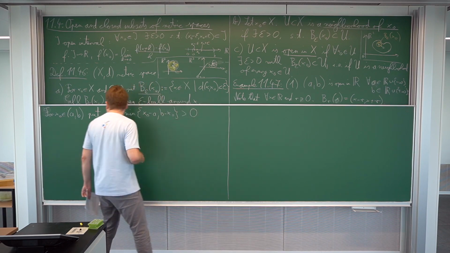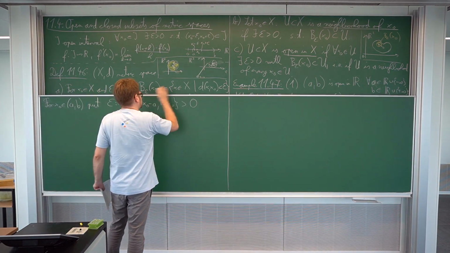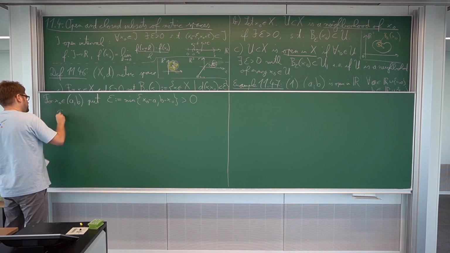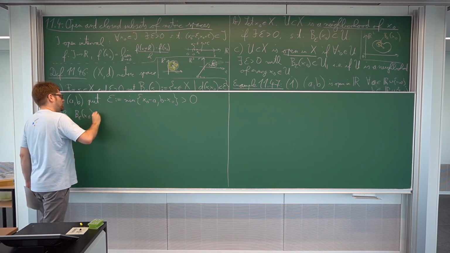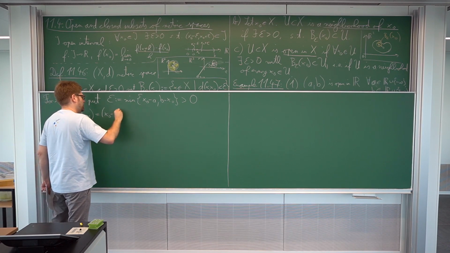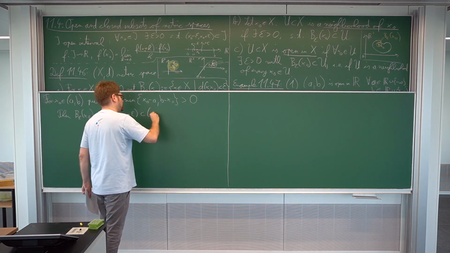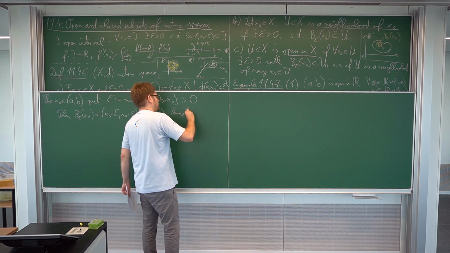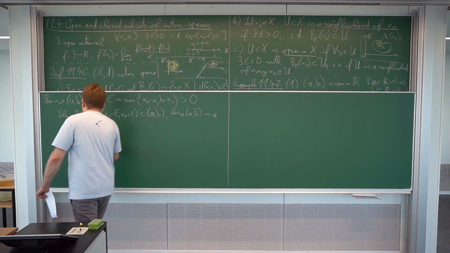Since x0 is in the open interval, this is a positive number. So this is the space which is left. Then, by construction, B epsilon around x0, which means x0 minus epsilon, x0 plus epsilon, is a subset of the open interval AB. Hence, AB is a neighborhood of x0.